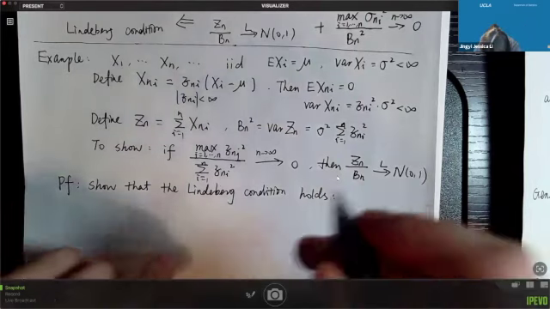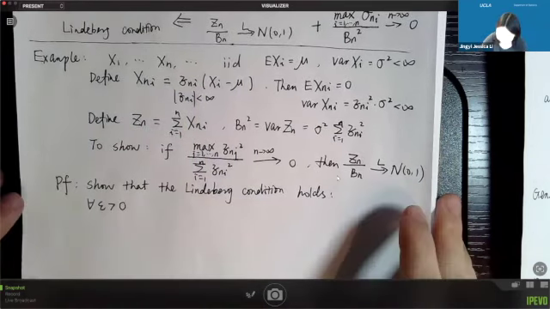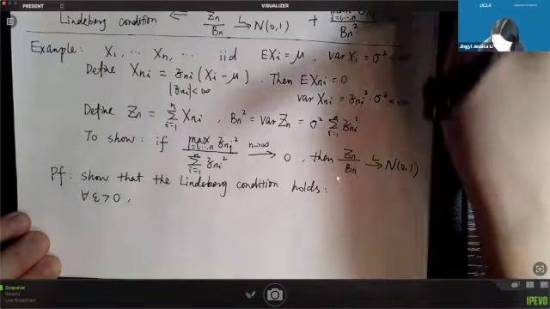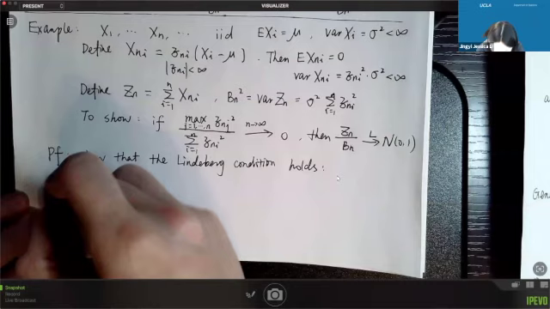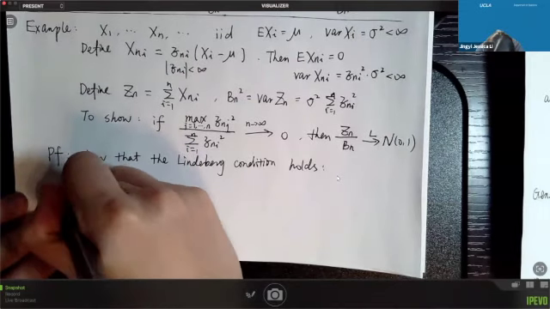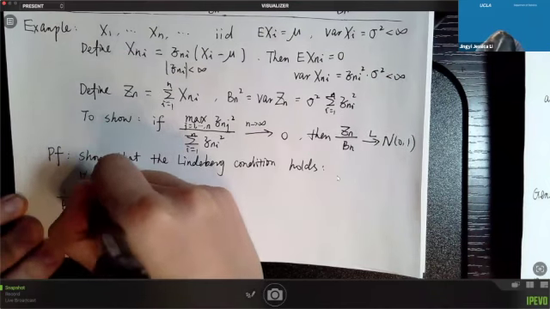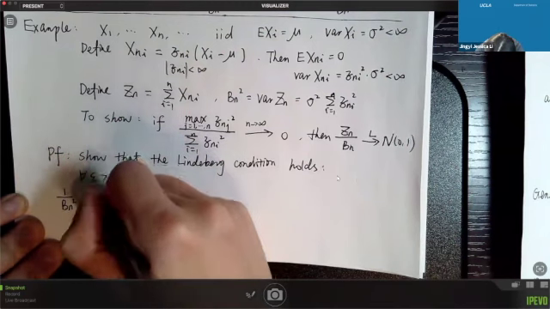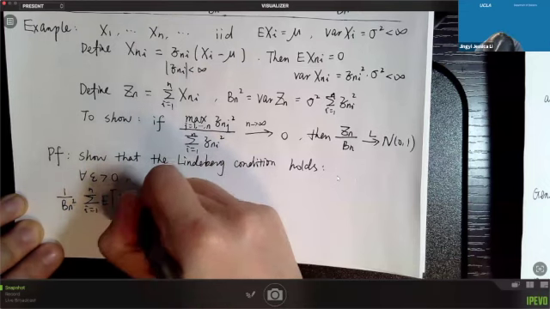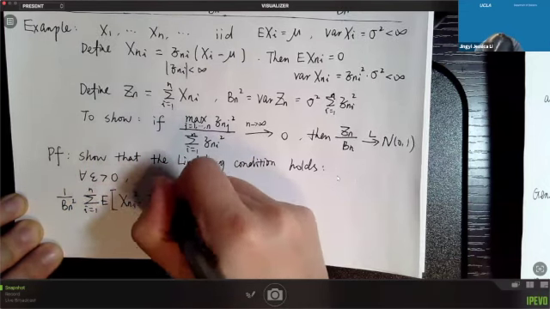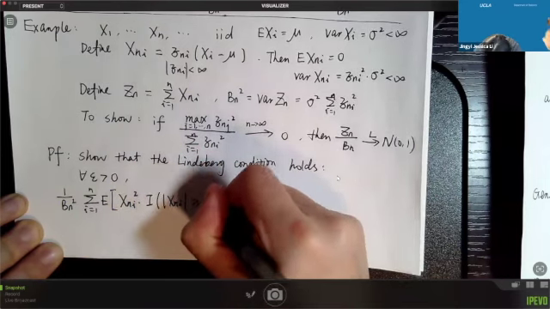For any positive epsilon, let's write down that Lindeberg condition ratio. I'll write it as 1 over b_n squared, summation i from 1 to n, expectation of x_ni squared times the indicator function that the absolute value of x_ni is greater than or equal to epsilon b_n.